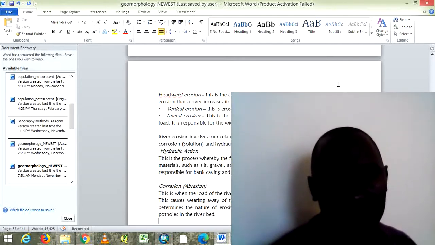So under corrosion, we are talking about the load of the river rubbing against the bed. For example, if you have a boulder as part of the river's load, this boulder is rubbed against the bed of the river.